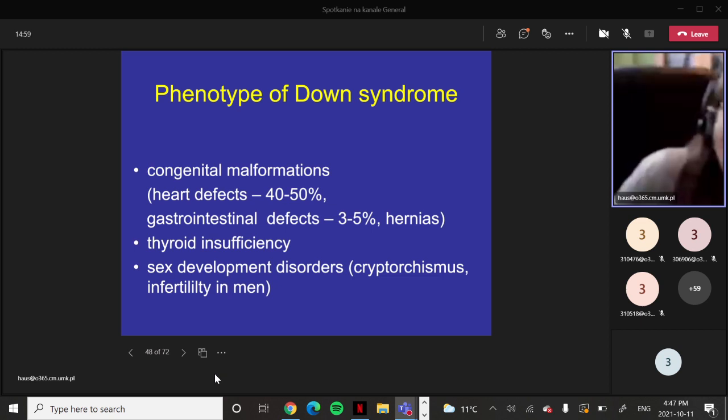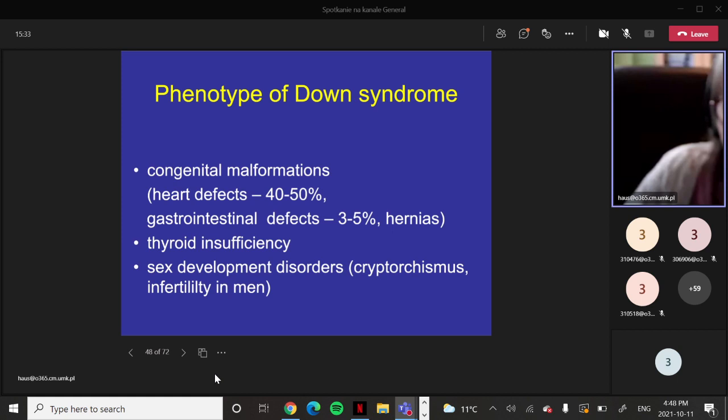So we should examine TSH, and many children with Down syndrome should be treated for thyroid insufficiency, about 50% of children.